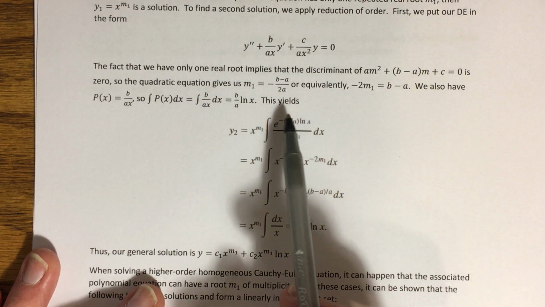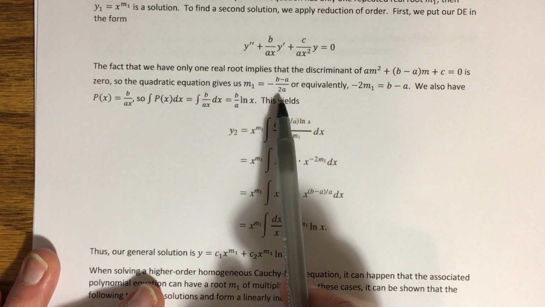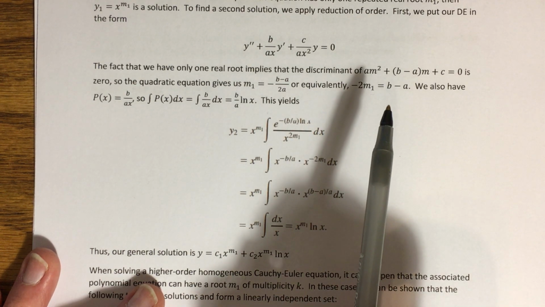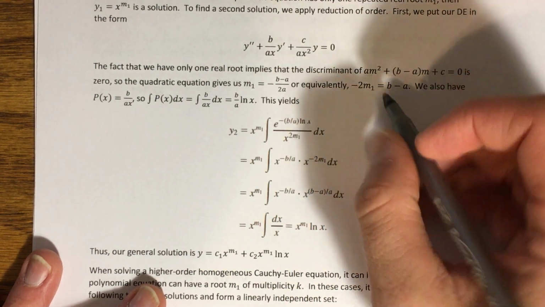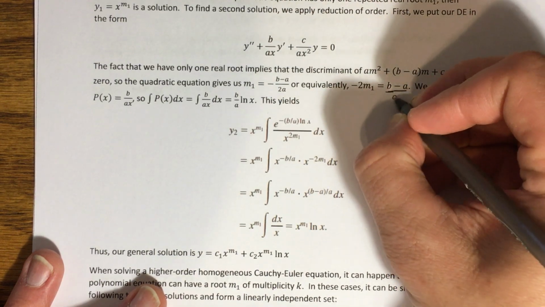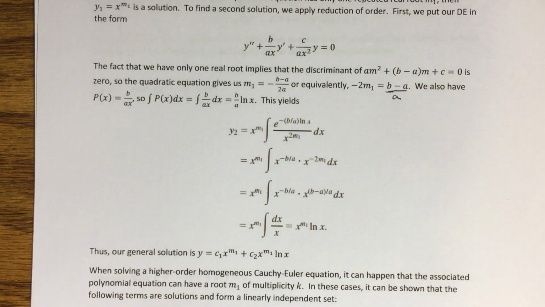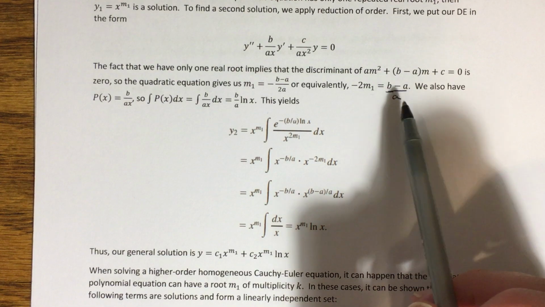We would prefer to have this in a different form, however. So we're going to multiply both sides by negative 2 here. And actually, I made a little typo here. If I multiply both sides of this by negative 2, I still need to have an a down here. So I'll make sure and include that.